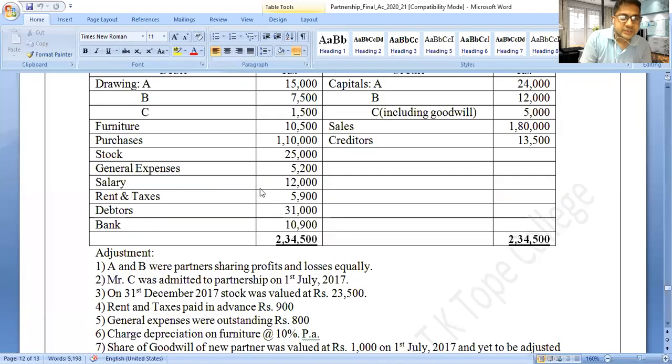Next item in our trial balance is salaries rupees 12,000. Is there any adjustment? There is no adjustment. Salary we directly put in the profit and loss account, on the debit side. Whenever we put it there, it is divided into two terms.